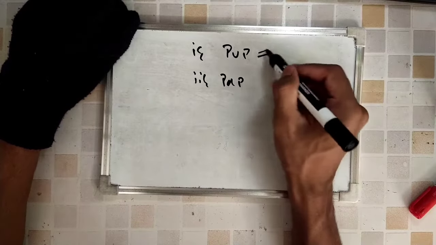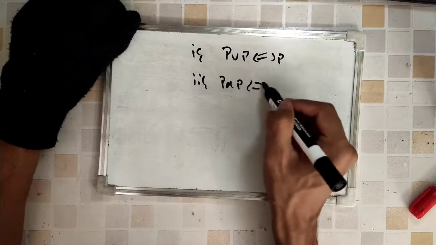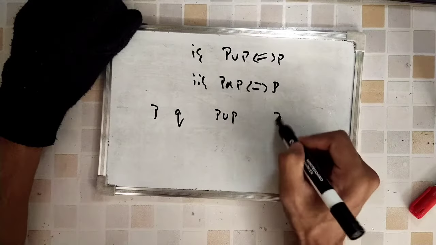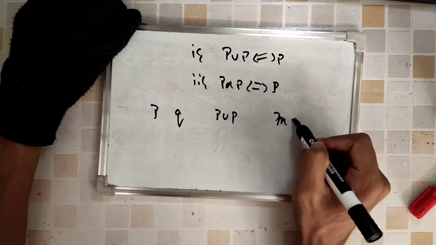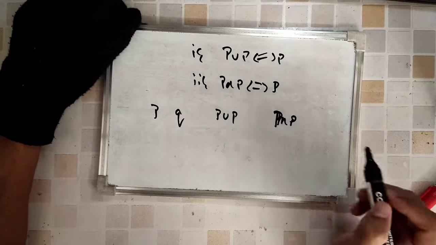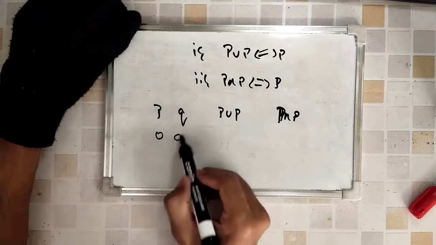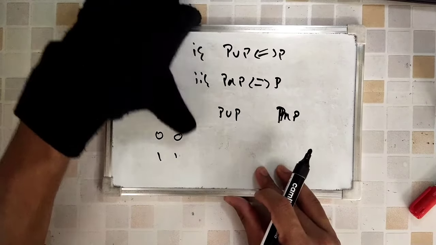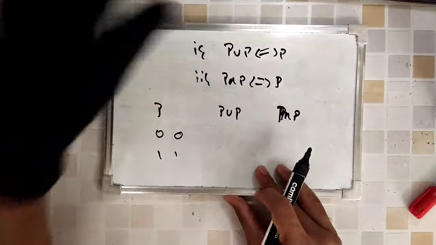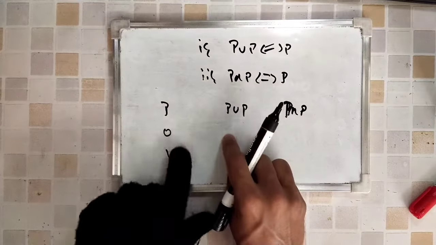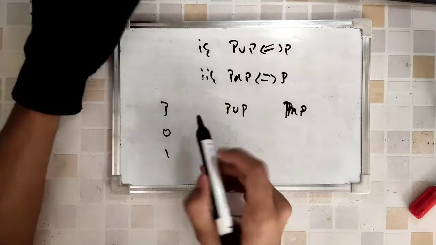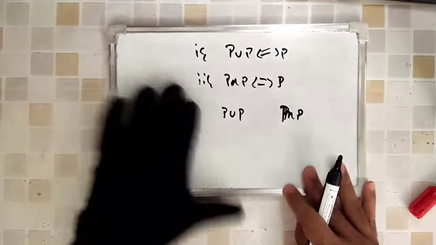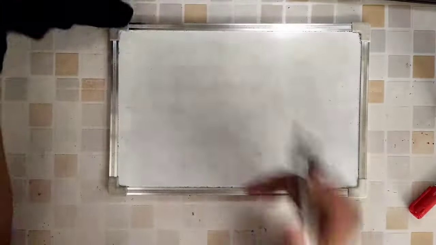Both are logically equivalent to p itself, but you have to make a truth table with p and p or p, p and p. You are taking only p, right? Or else if you want, you can write 0 1 also. Both are fine.